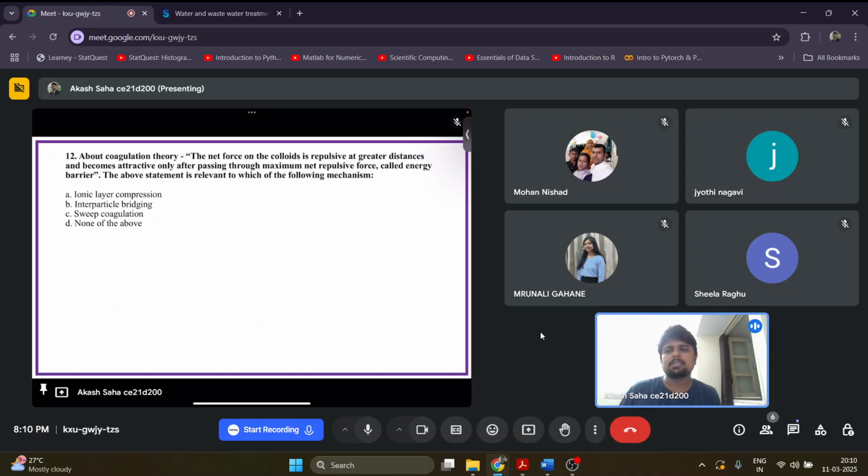So what mechanism gives this theory that at greater distances repulsive forces will be there, and only after going through a particular potential, the energy barrier, will we get the attractive forces? So what coagulation theory will tell this?